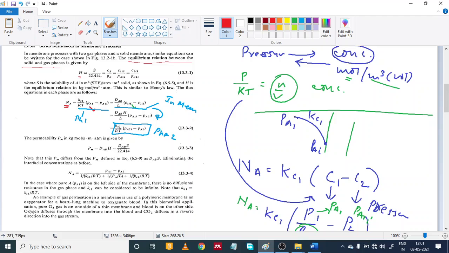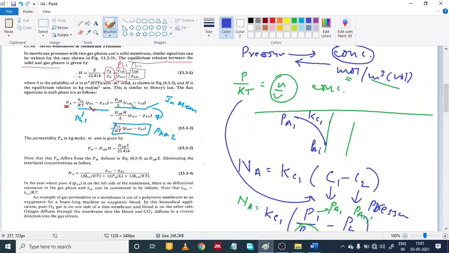This is basically a standard because we have assumed an ideal gas, and it is nothing but the ratio of solid phase to gas phase, Cs upon Pa. So for phase 1, it is C1is upon P1is. And for phase 2, this is C2is upon PA2.